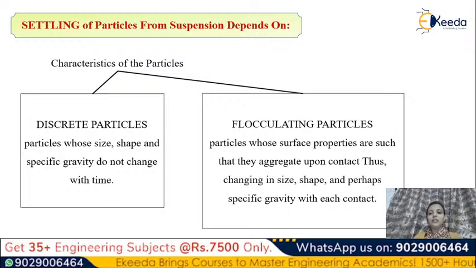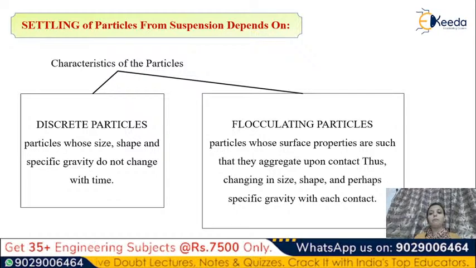And in the secondary sedimentation tank, the dissolved particles present in the secondary treatment process form flocs after adding chemicals, and because of that chemical reaction the size of the particles will change. So it basically converts small size particles to bigger size particles. That means they are changing their properties, and those particles are called flocculating particles.